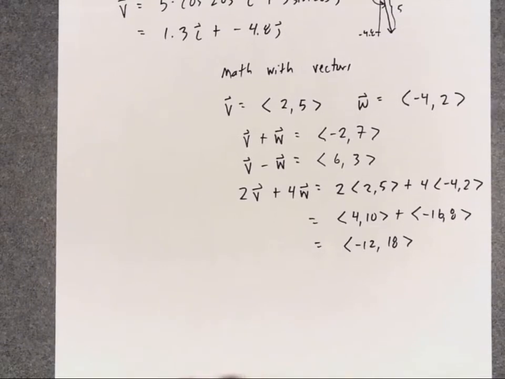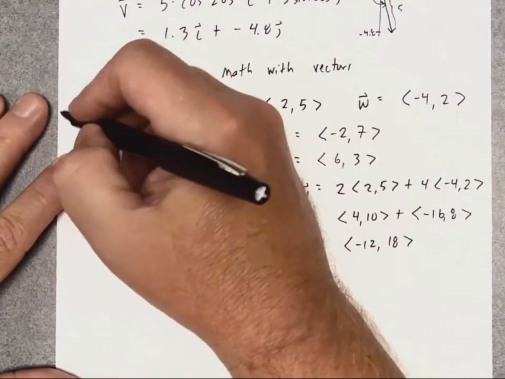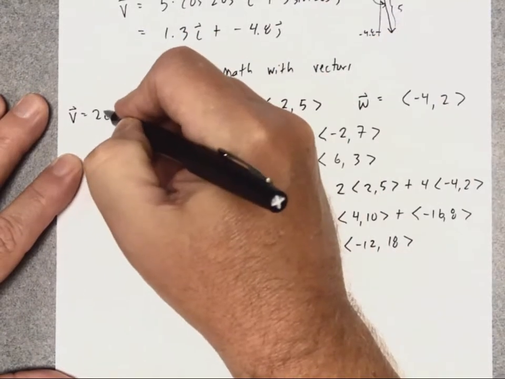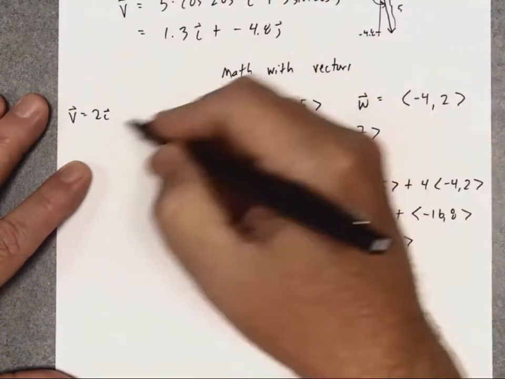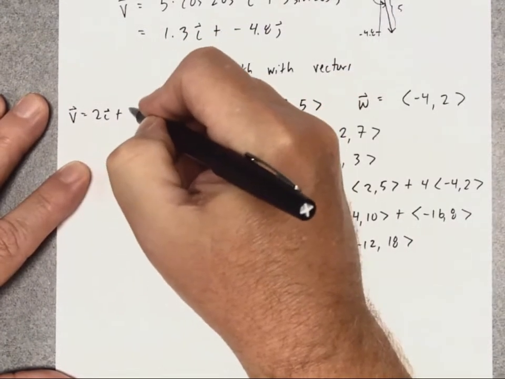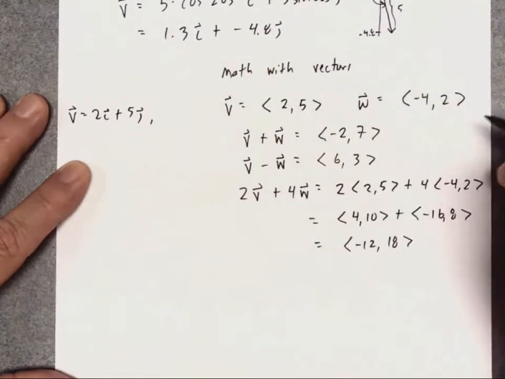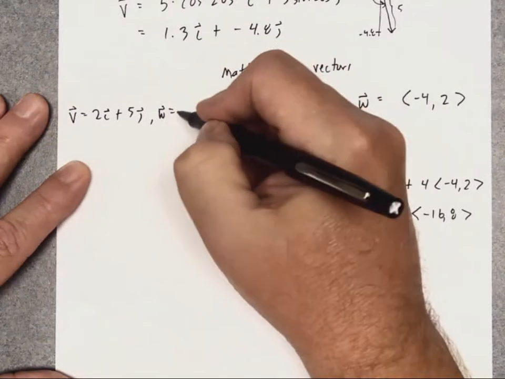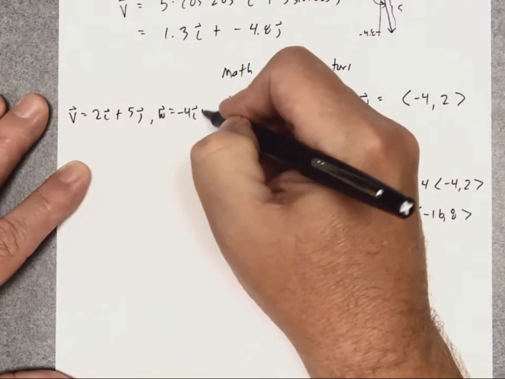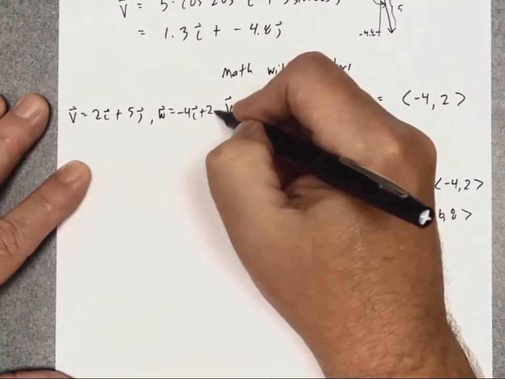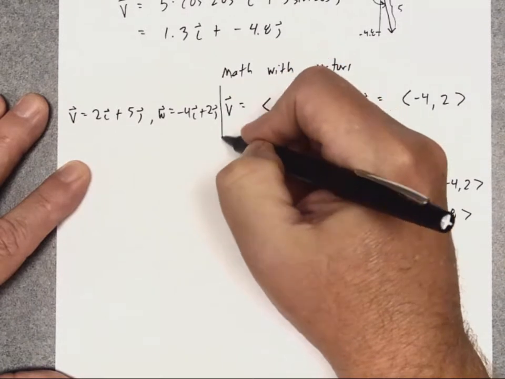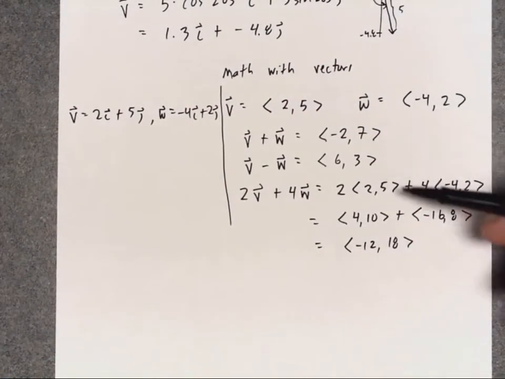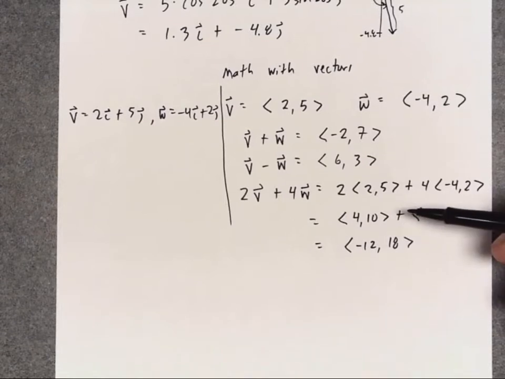Now the thing is, hopefully you see, if I had been given these vectors in ij, like if v had been 2i plus 5j, and if vector w had been negative 4i plus 2j, hopefully you see that all this same stuff is very straightforward.